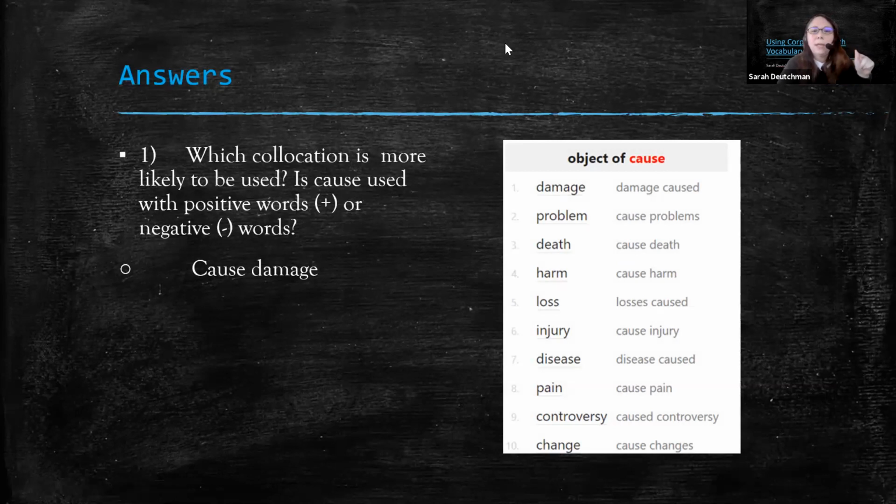But you could see it's never anything good: cause problems, death, loss, injury, disease, pain, controversy, or, well, change could be okay. It depends. So you can give students the sense that this word is usually going to be used for negative. This kind of activity can be used to check collocations. And it's the object of cause because you need what is affected by the cause. So it's important to know the grammar when you're creating these searches.